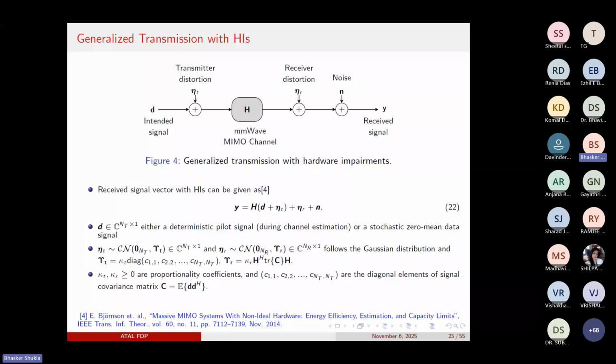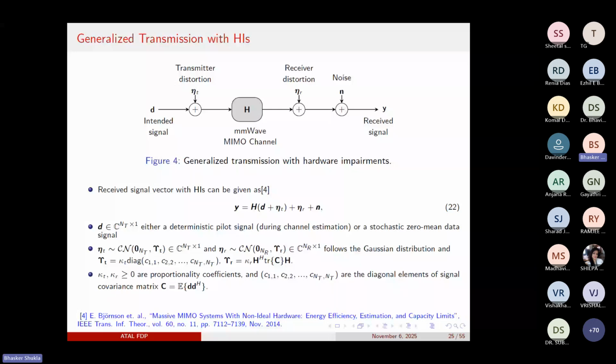So here we can see that the receiver distortion noise has a power that depends upon the signal power, meaning the trace of C, because the trace of C gives the overall signal power. So as the signal power increases, the receiver distortion increases.